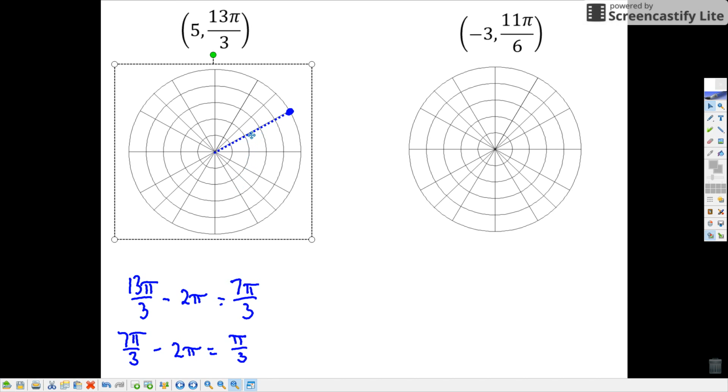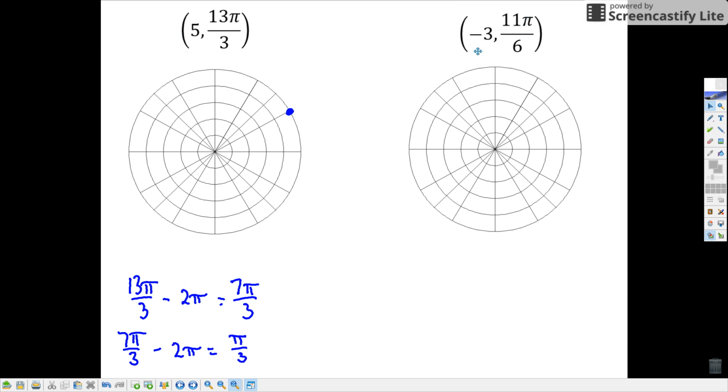So let's get into something a little more tricky, because if you have a positive radius, it's great. The negative radius is where it gets a little more weird. So you find 11π/6, just like I've been teaching you. So 11π/6 is in the fourth quadrant. That's this terminal side right here. However, if your radius is negative, you actually don't go along that same coterminal side.